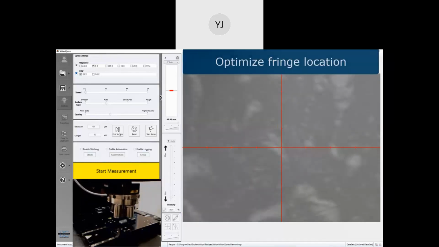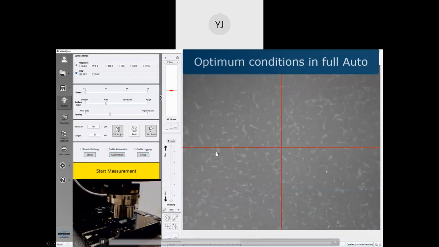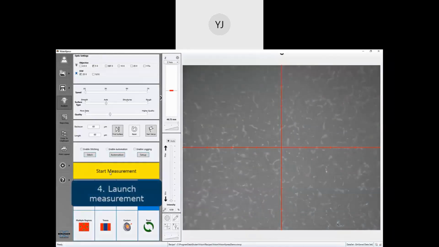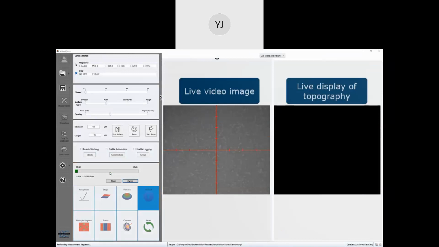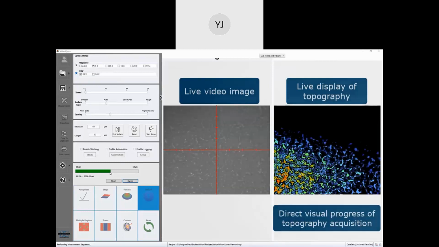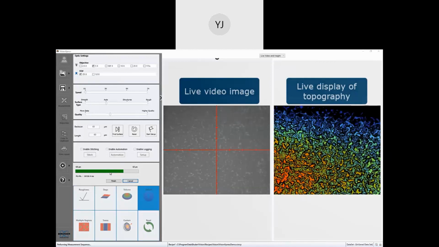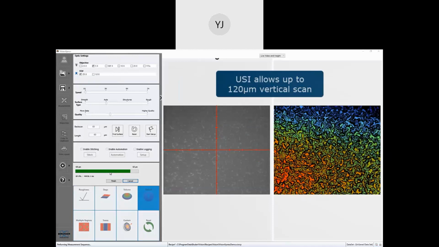Okay. So now, yes, find this automatic fringe location. The intensity is set once again. Then you press the start measurement button. You can see the live video image, which is just a normal optical camera image. On the right side, you have the topography as it's being collected, right? You can see how nicely this is being collected on this sample.